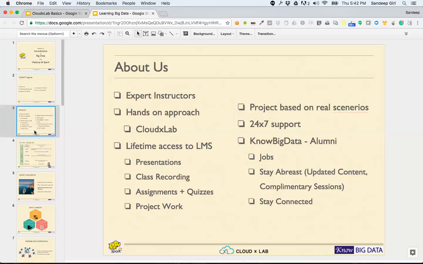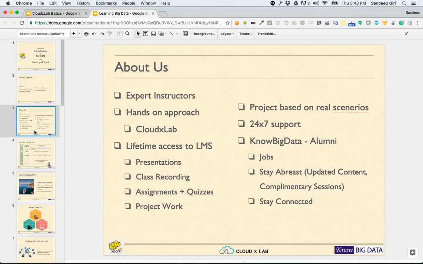Then we have lifetime access to the LMS where we keep all the content, recordings, assignments, quizzes, and project work. The projects are generally based on real scenarios, and after the course we do 2 projects based on real-life scenarios.